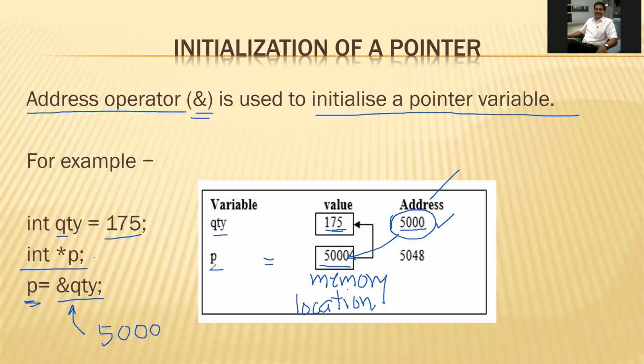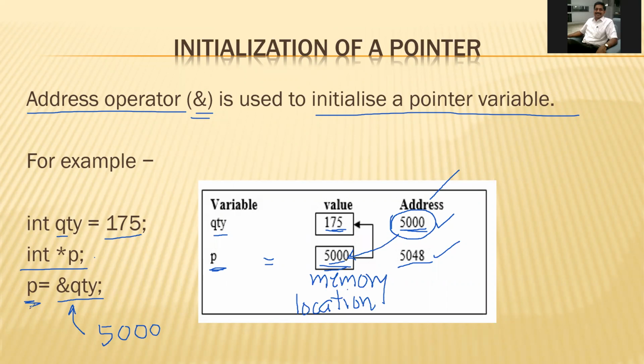The variable p holds the value 5,000, but p itself is in some memory location and has its own address, which is 5,048. Here it is an address, and this address is stored in some memory location.